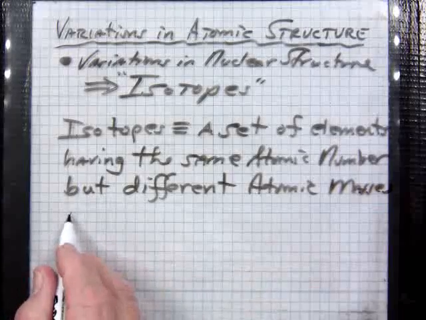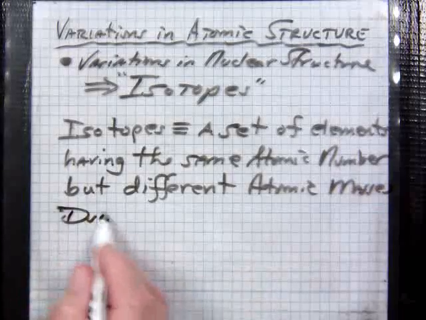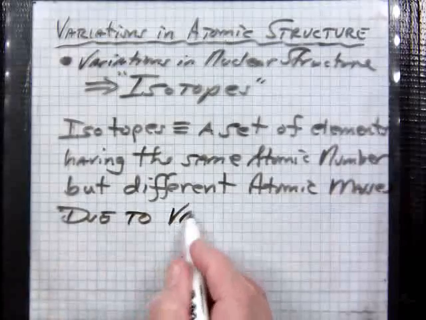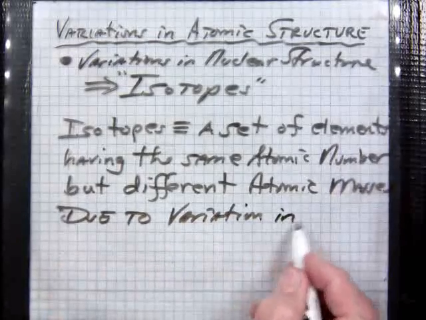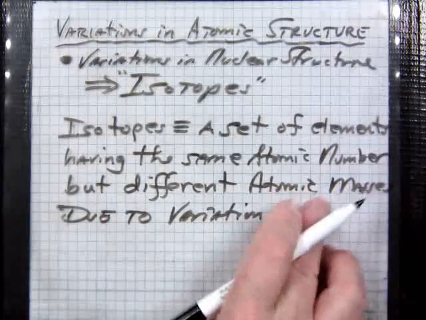And this is primarily due to variations in numbers of neutrons.